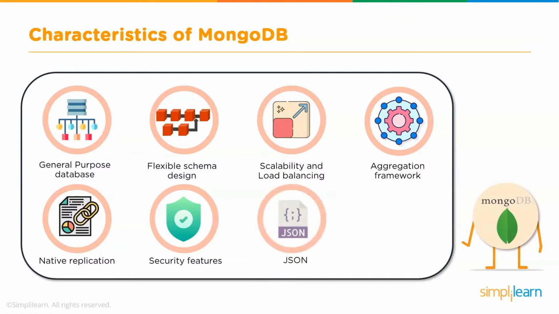Next up is JSON. Now, JSON is widely used across the web for front-end and API communication, and as such, it's easier when the database is also compatible with the same protocol. Lastly, we have MapReduce. Now again, MapReduce is an excellent tool to build data pipelines, and MongoDB uses MapReduce readily.